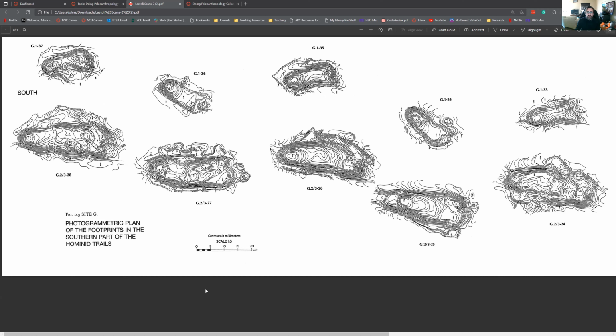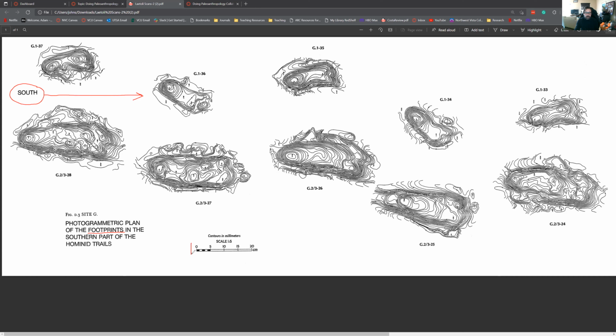You can simply observe that to be true. And there are many things that you can observe about this site. One thing you can observe is that they're footprints, because it tells you that they're footprints right here. So that is a fact. You can also tell that you can see that the footprints are moving from the south to the north.